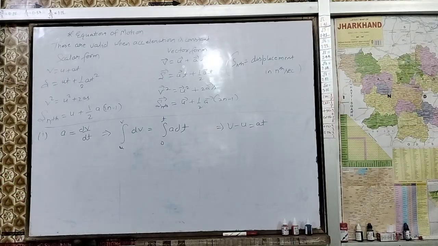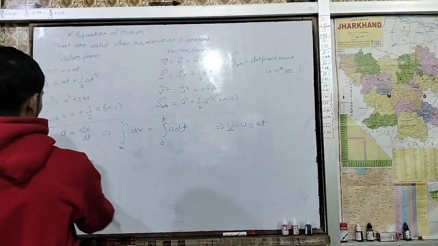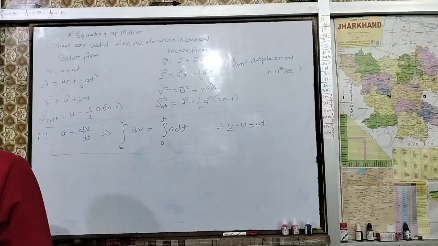Okay, v minus u came from final minus initial. This was the first derivation.